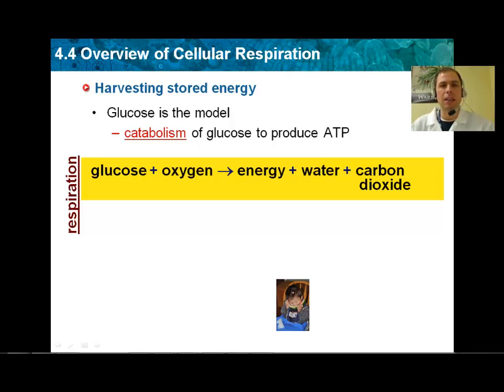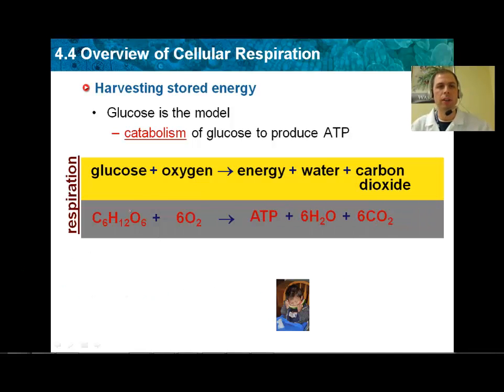And so the key components of cellular respiration include using a glucose molecule, shown here, plus oxygen to generate ATP, water, and CO2.